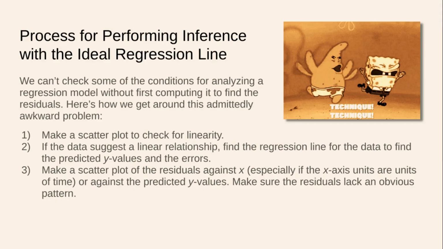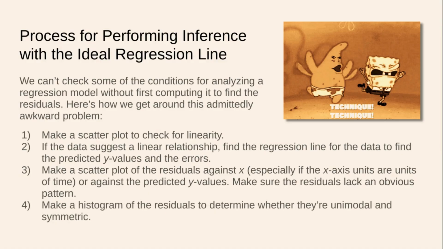You may recall on the prior slide the residuals plot at the bottom right was against predicted y values, not x values. Make sure the residuals lack an obvious pattern. We're going to make a histogram of the residuals to determine whether they're unimodal and symmetric. And then, and only then, should we proceed with inference.